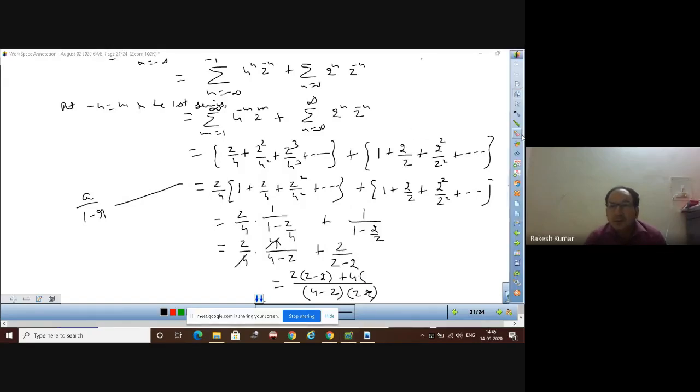So you can use the LCM method, and this is z into 4 minus z. So what we are left with, z square is cancelled, minus 2z plus 4z, that is 2z upon 4 minus z into z minus 2. So this is the z transformation of the given function.